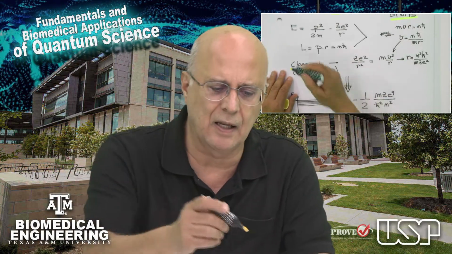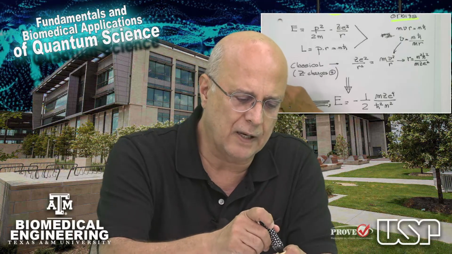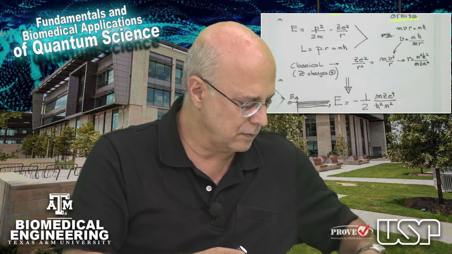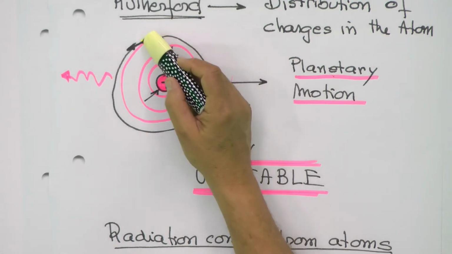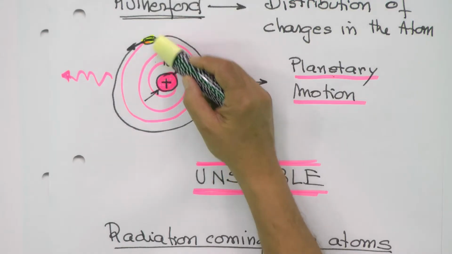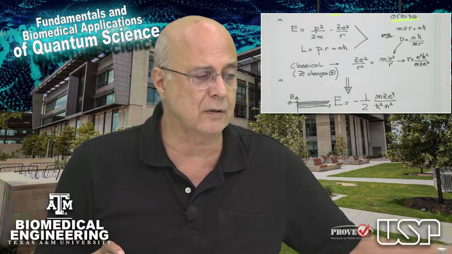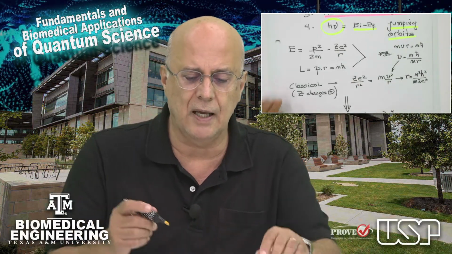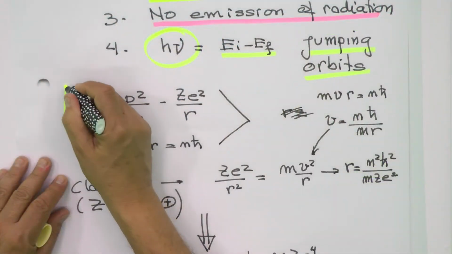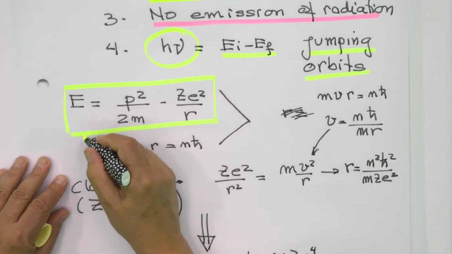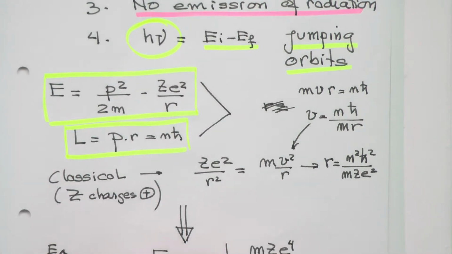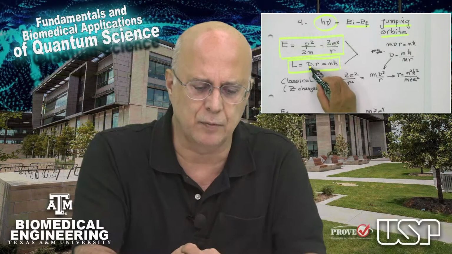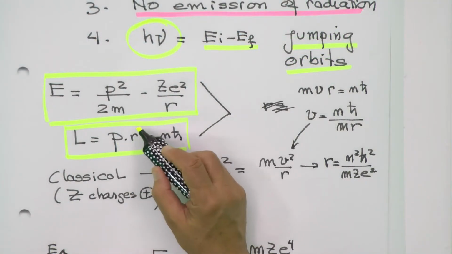You know that when I have an atom like this, I have for the electron the kinetic energy plus the potential energy that's given by the electrical attraction. So normally the energy of the atom is written like this, and the orbital angular momentum is given by what Bohr proposed. Now, if this is true, we have a relation between velocity or momentum and position.